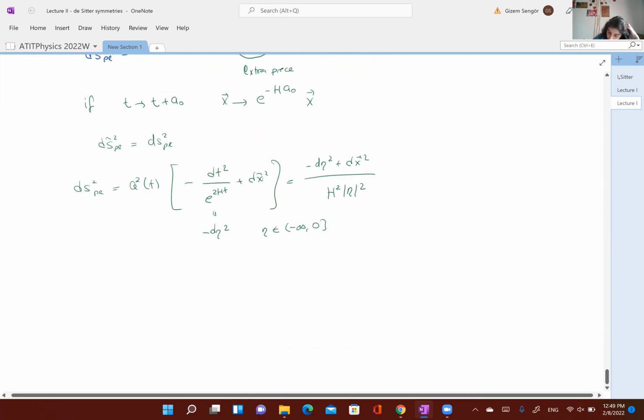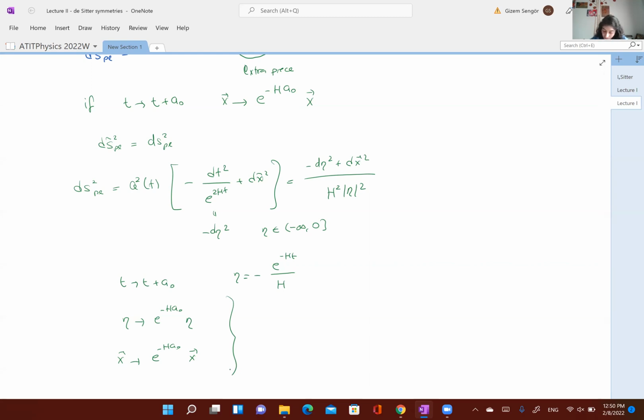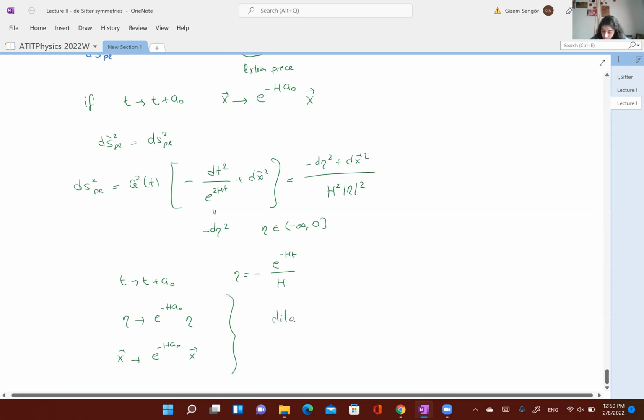What this transformation is doing is sending eta to H0 eta, and you are multiplying the spatial directions by the same amount as well. So this is an isometry, and it has a simpler form in terms of this conformal time, but this is what is called dilatations.